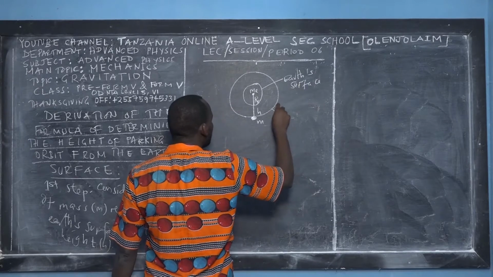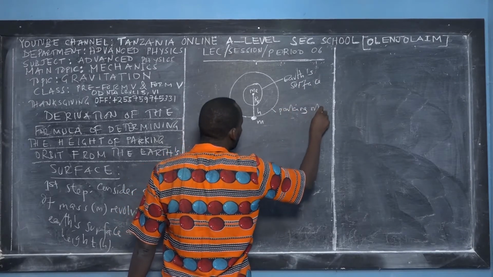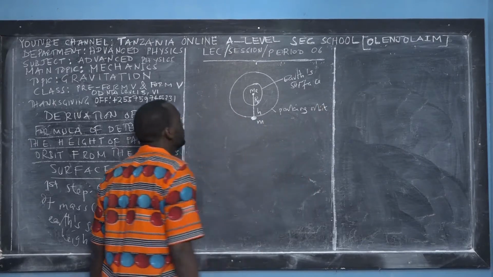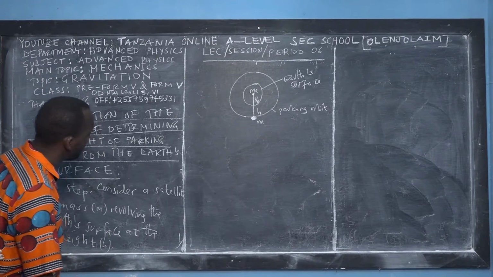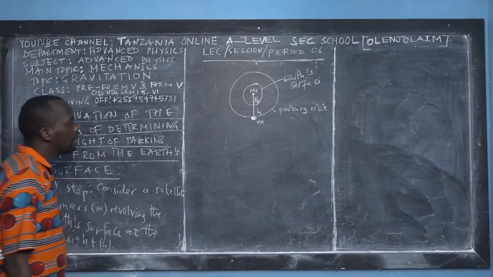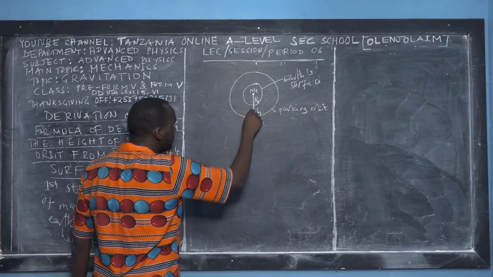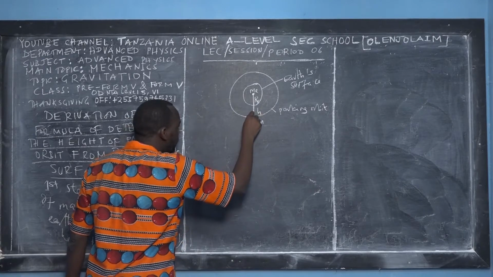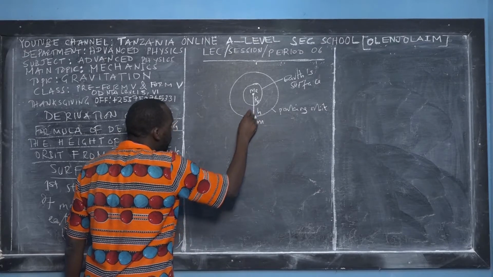And then this is the parking orbit, above the Earth's surface, and the height is h. So how can we determine exactly the height required to place the satellite, or where we can find the parking orbit?